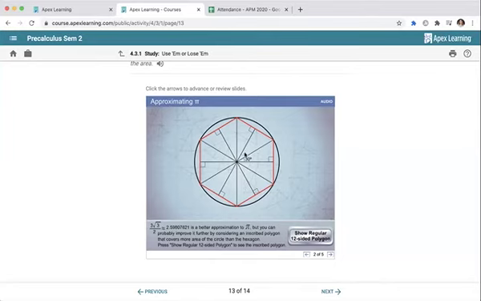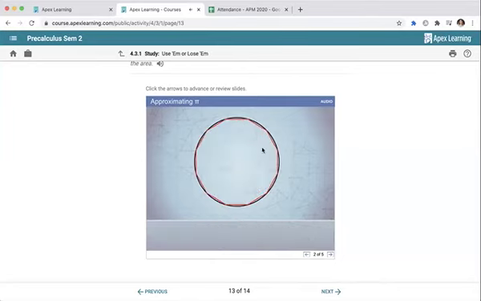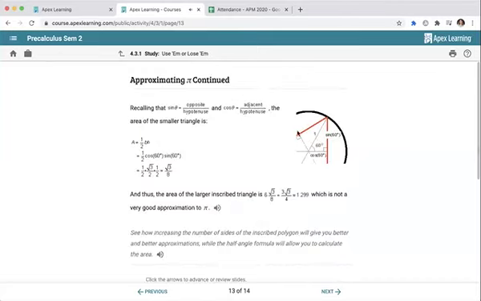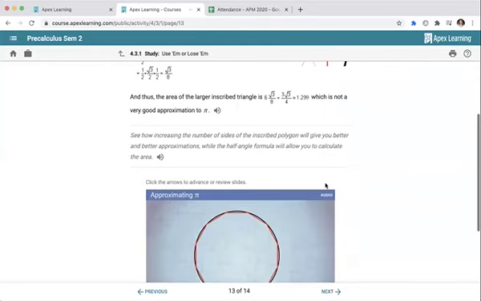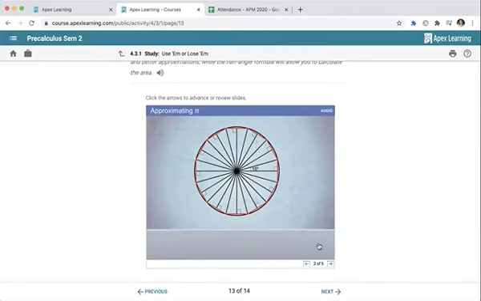If we're able to fit a lot more triangles than just our basic 30, 60, 90 triangle here, if we put it in a different shape, we're able to approximate the value of pi to be a lot closer.